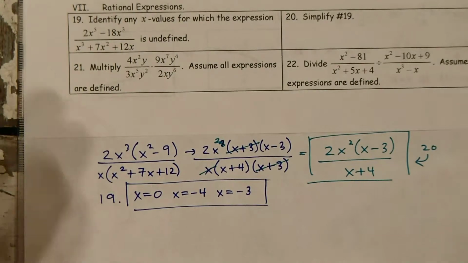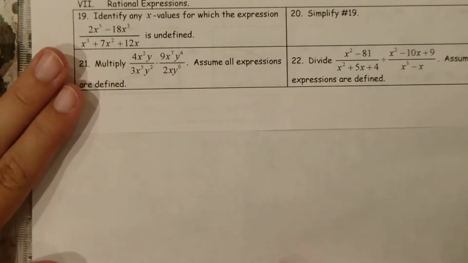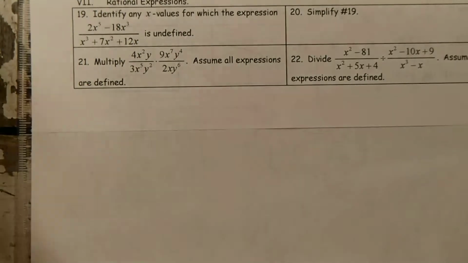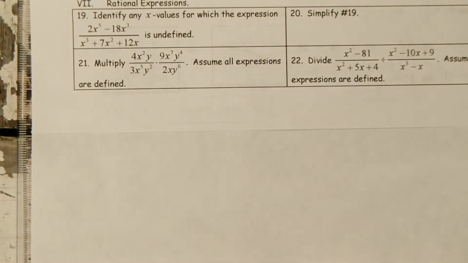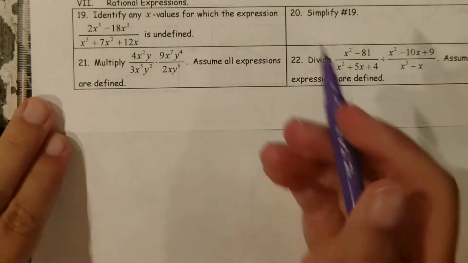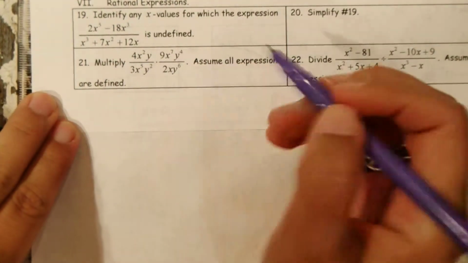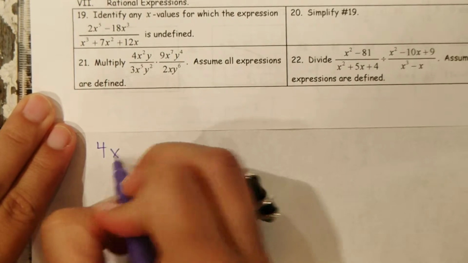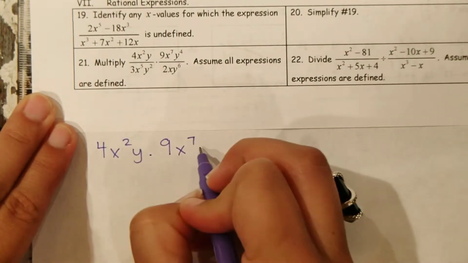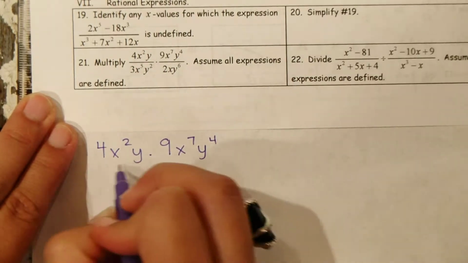Now let's look at number 21. We're going to multiply, assuming all expressions are defined. For multiplying, that means we can cross-reduce, like we've talked about before. So let's rewrite this really quick: x squared y, x to the 7th, y to the 4th.